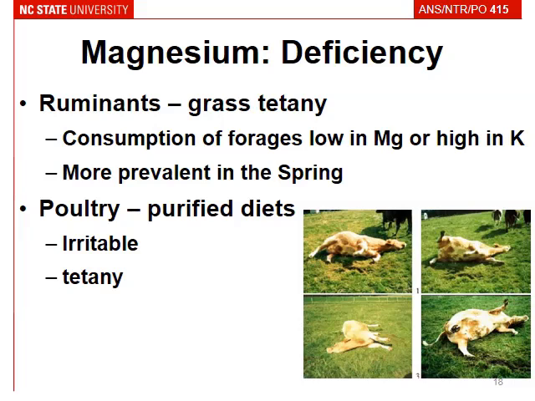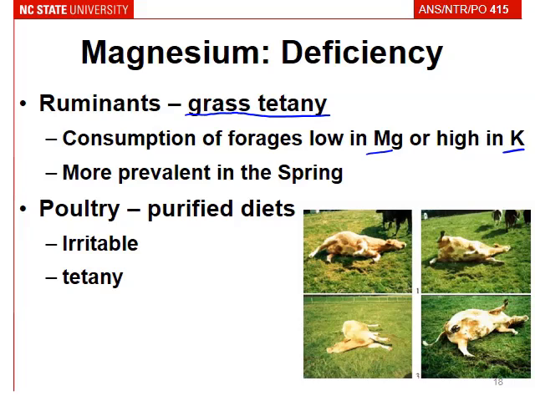Magnesium deficiency in ruminants is not all that uncommon. With ruminants, it's what we refer to as grass tetany. And it's rather common. This occurs when they are on a pasture or range that has low levels of magnesium or high levels of potassium.